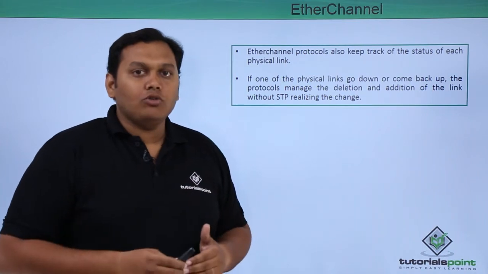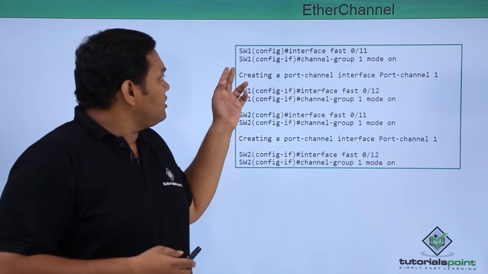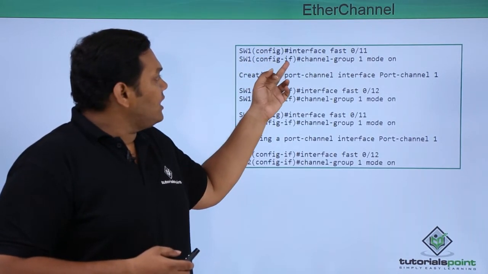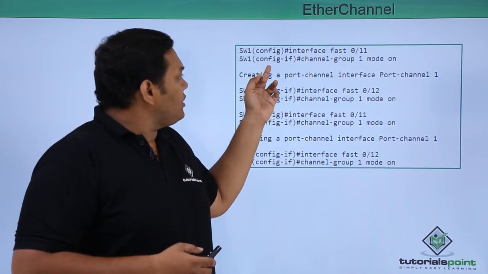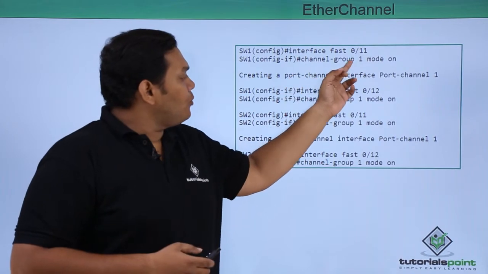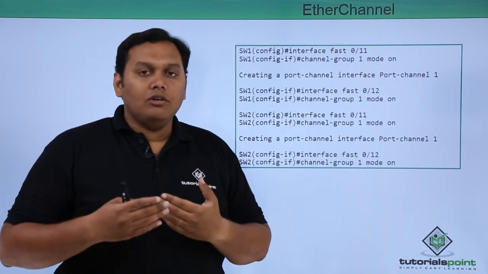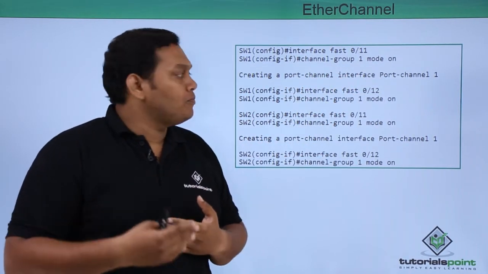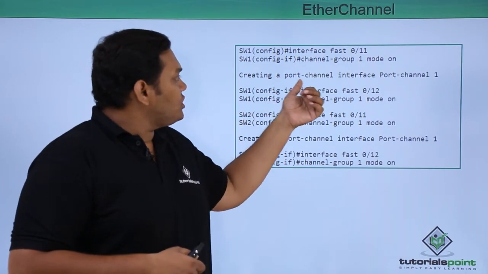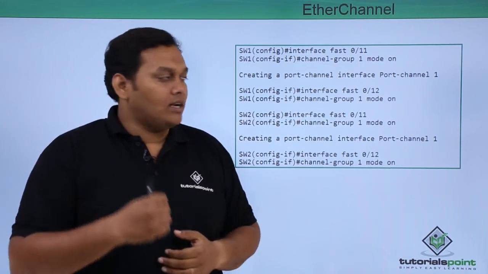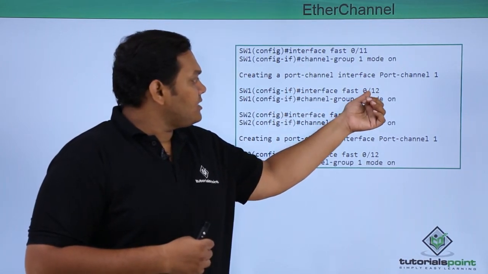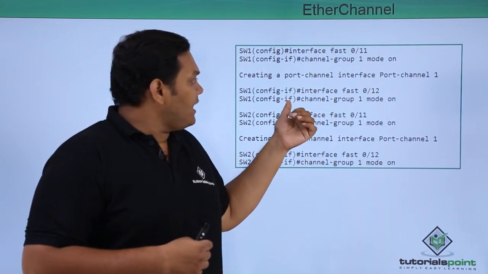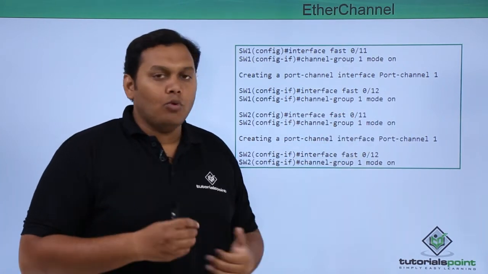Now, how to configure this. In switch 1 configuration mode, in the interface FastEthernet 0/11, we enter channel-group 1 mode on. We are enabling the channel group mode here and creating a port channel interface, port channel 1. For the other interface, /12, we again enable channel-group 1 mode on.